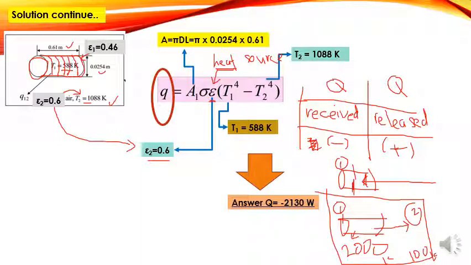So from the perspective of the reference point, object 1 releases heat, so it will be positive. But in our case for this question, the small object receives the heat. That's why the value is negative. I hope you understand that.